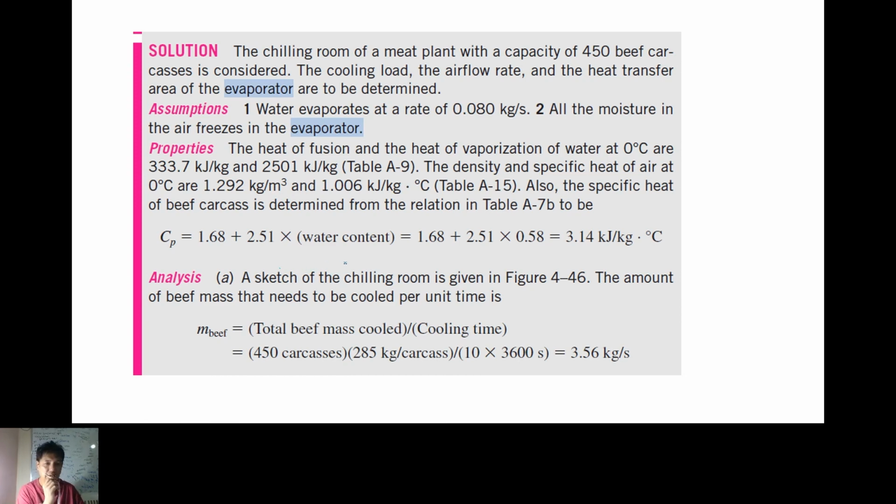So 1.68 plus 2.51, which is in the table. The specific heat is 3.14 kilojoule per kilogram degree centigrade.